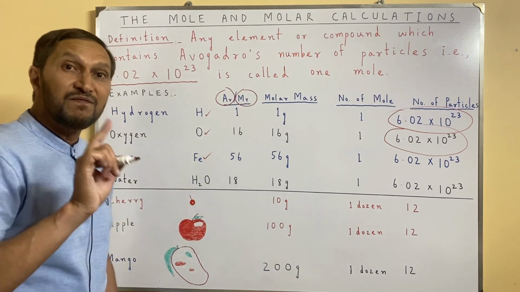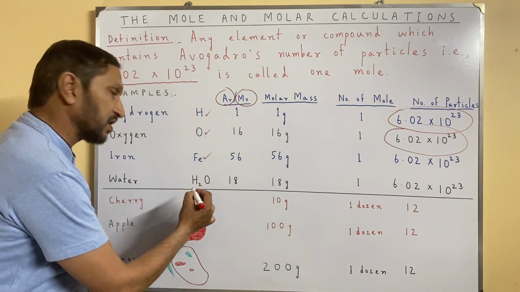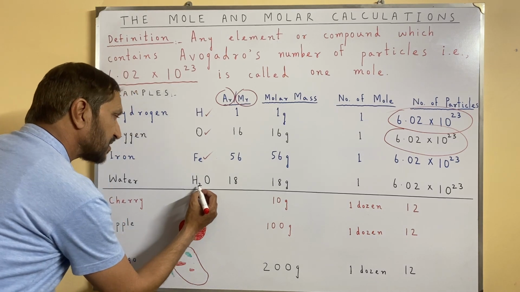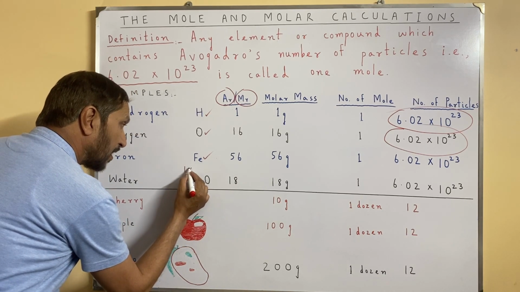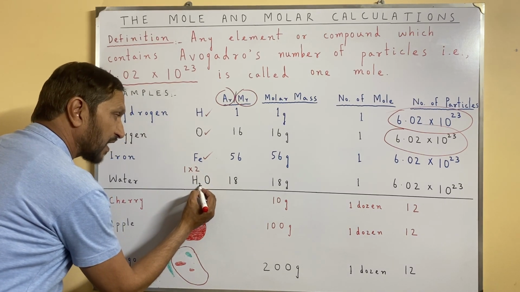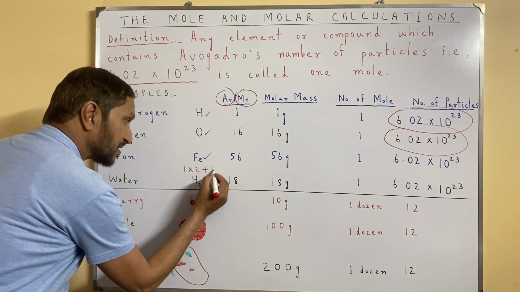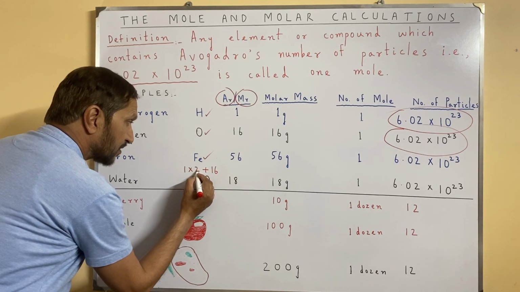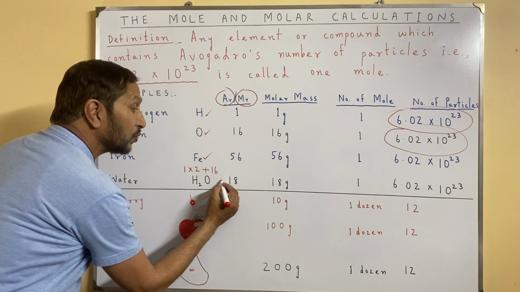Remember, here I am taking the example of water, H2O. In the formula of water, hydrogen's atomic mass is 1. We multiply it by 2 because in the formula we have 2 hydrogen atoms, plus oxygen's atomic mass is 16. So 2 ones are 2, 2 plus 16 is equal to 18.